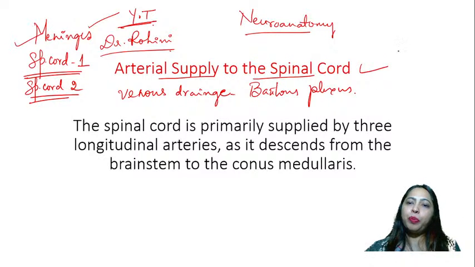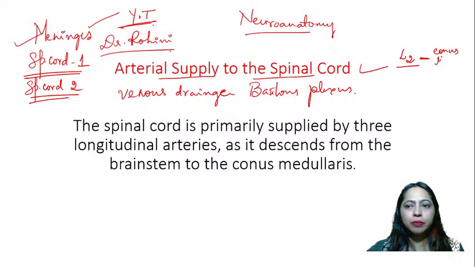You know that the spinal cord starts as a continuation from the medulla oblongata, and then it extends up to the level of L2. This portion, L2, where it ends is known as conus medullaris.